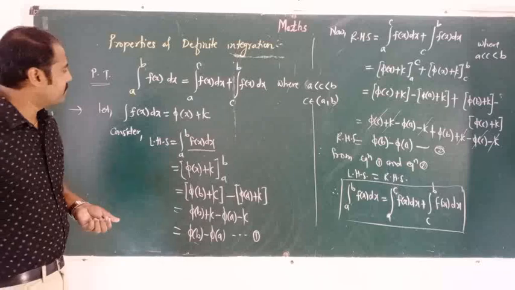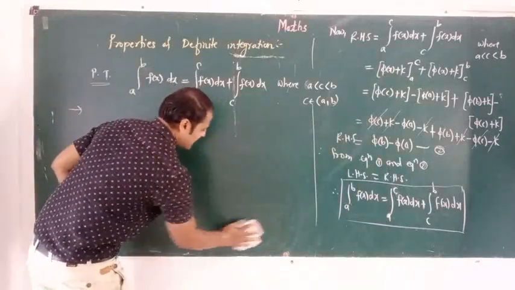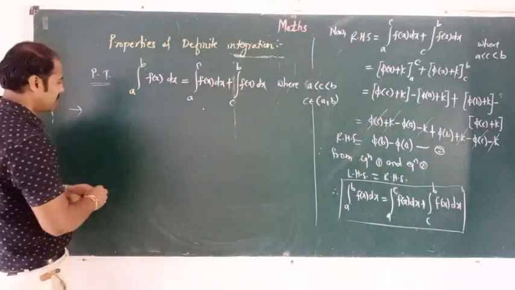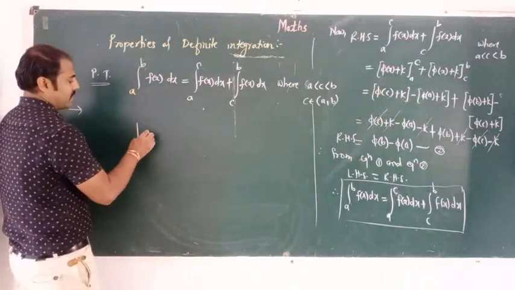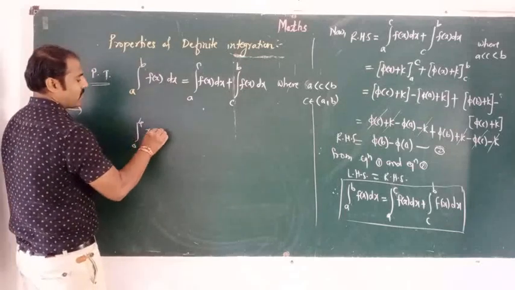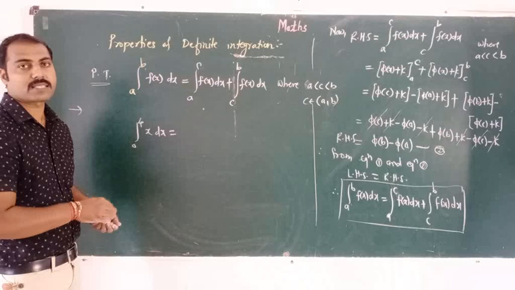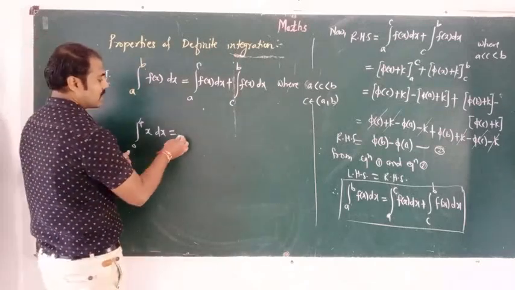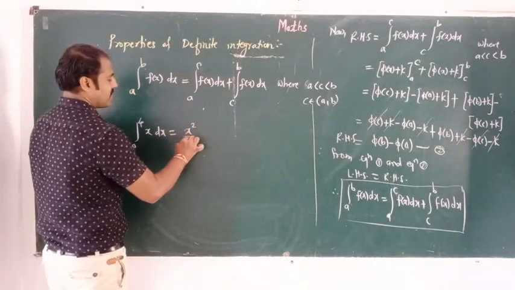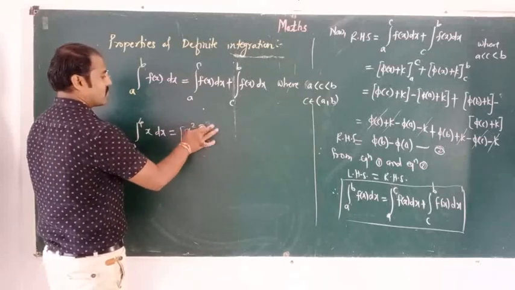For example, integral 0 to 4 of x dx is equal to, yes, integration of x is x square divided by 2, value of the primitive from 0 to 4.